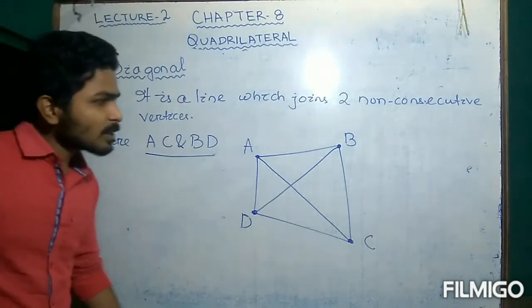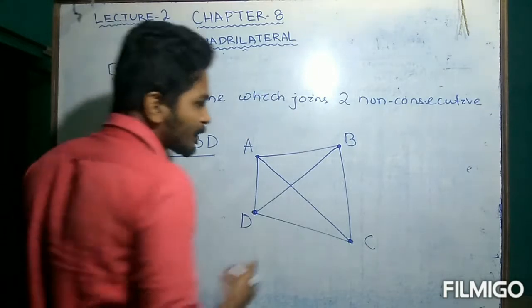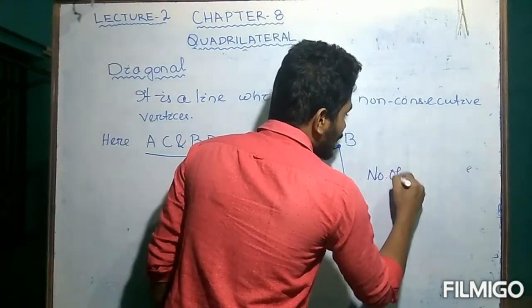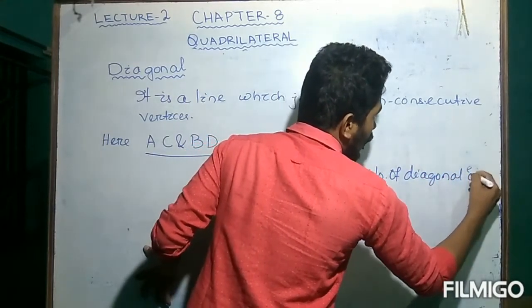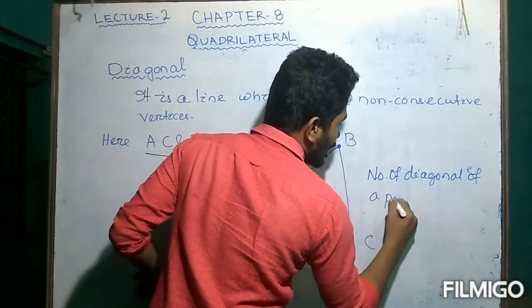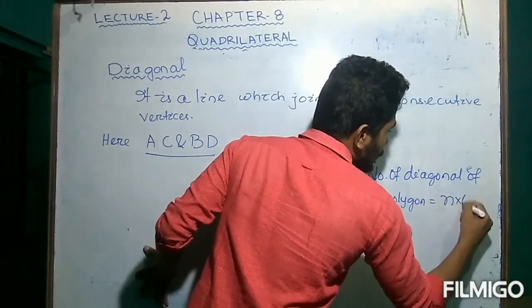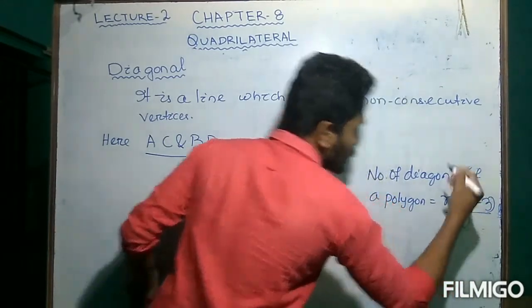Understood? Now there is also a formula for finding the number of diagonals. Let us understand the formula. The formula for finding the number of diagonals of a polygon is n into n minus 3 divided by 2.